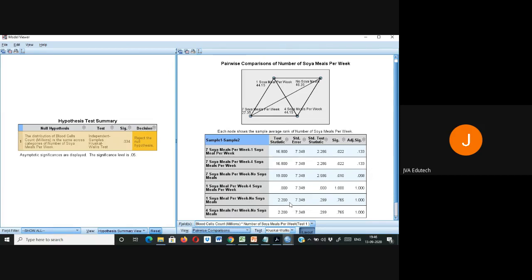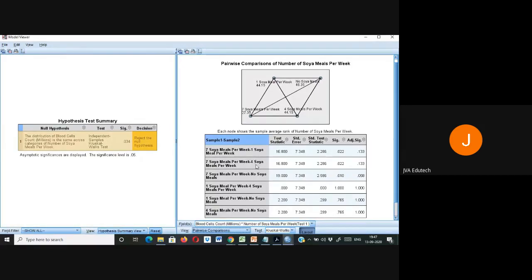Okay. So what you can conclude from here, and even the p values are the same among the groups. It's very simple to conclude. 7 meals to 1 soya meal has no difference compared with 7 meals to 4 soya meals.